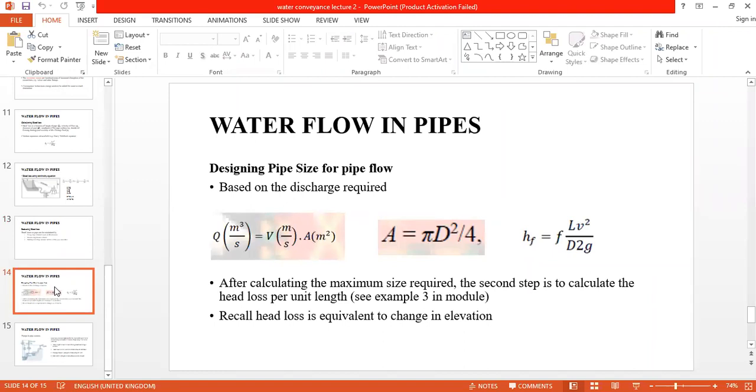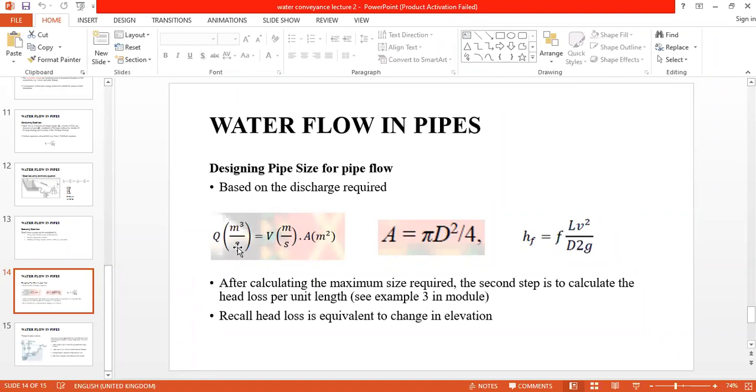So in short, we will know that we need this volume of water to be delivered to our field. And that volume of water, we can calculate it, and we know from our previous lecture that it is basically the discharge, which is the volume of water reaching our farm in a unit time.